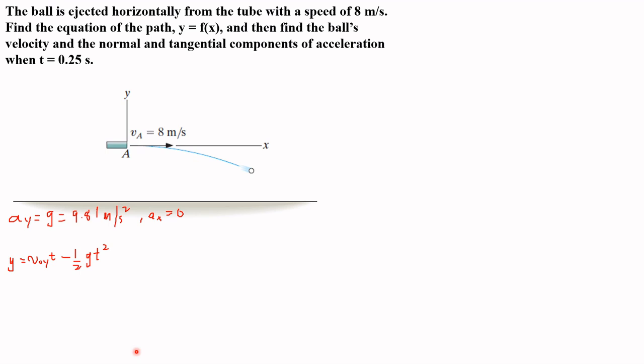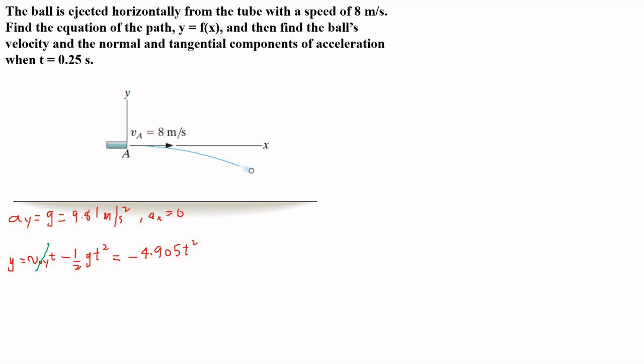Now we have zero velocity in the y direction initially, so this term is 0. So let us cross that out. Replacing g by 9.81, we'll have negative 4.905 t squared. So this is now my y.